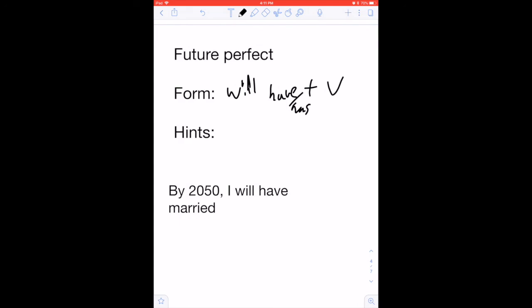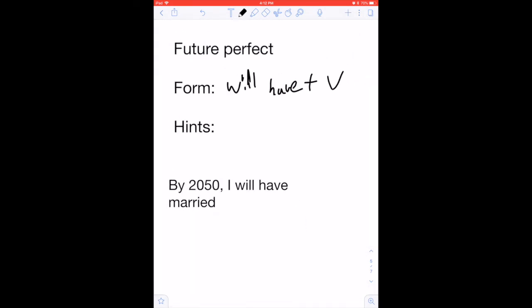Wait, no. Will have experienced. Has experienced doesn't work. Will has experienced wouldn't work. Will have experienced. Will have challenged. Will have plus a verb.